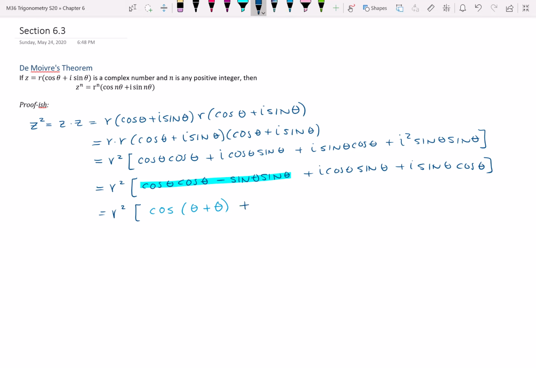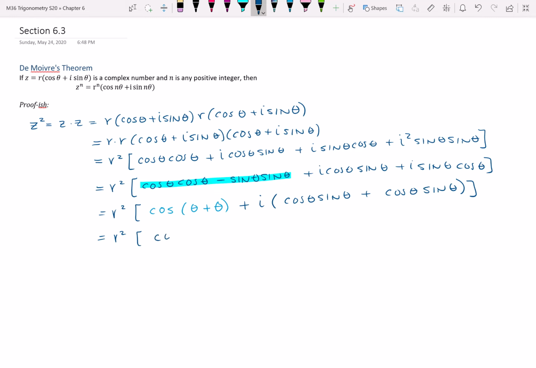And for the second part, if I factor out the i, I get cosine of theta sine of theta plus cosine of theta sine of theta. And again, that's also an identity. That's the sine of a sum.